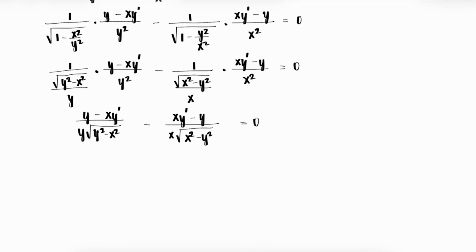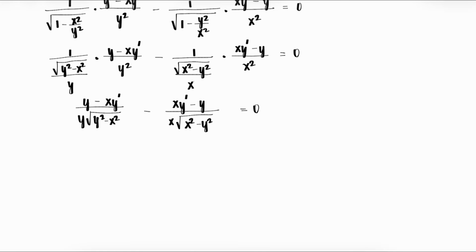Okay, so we are now going to multiply both sides of the equation by these denominators right here, so that we get rid of the fractions.